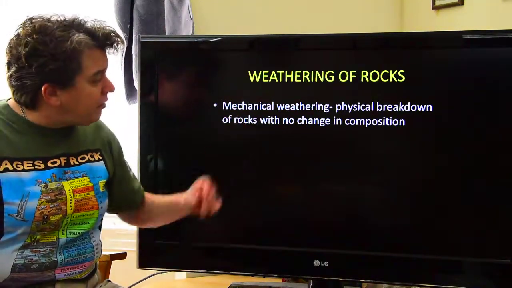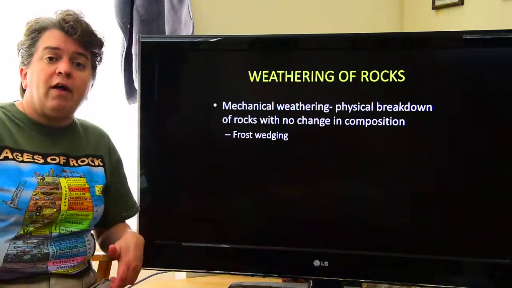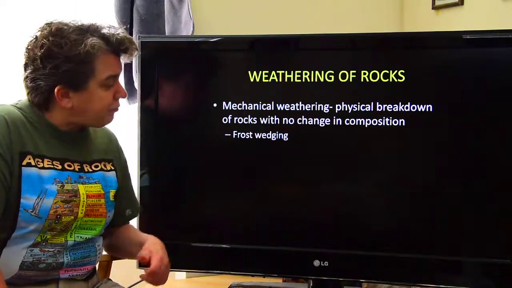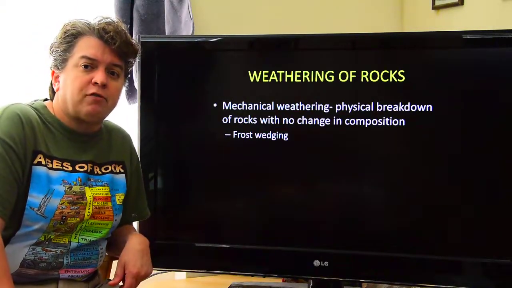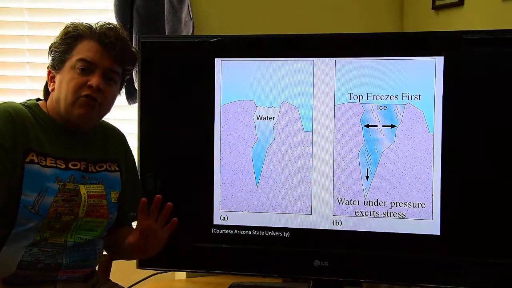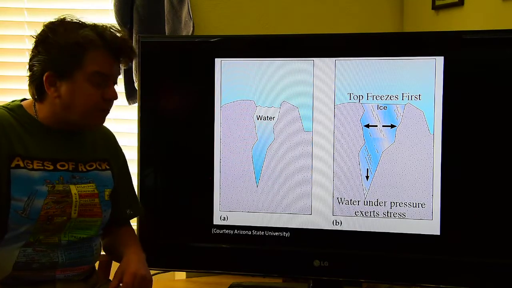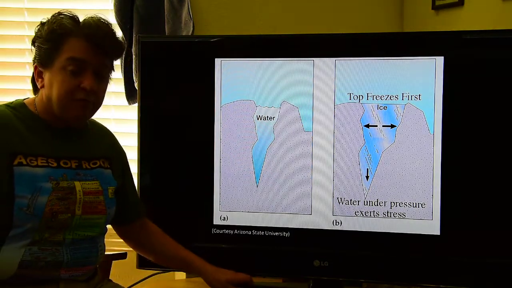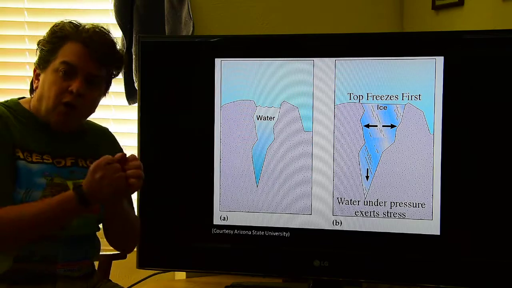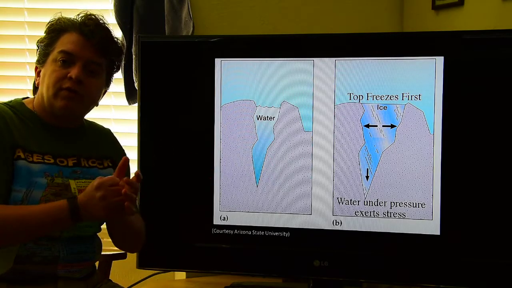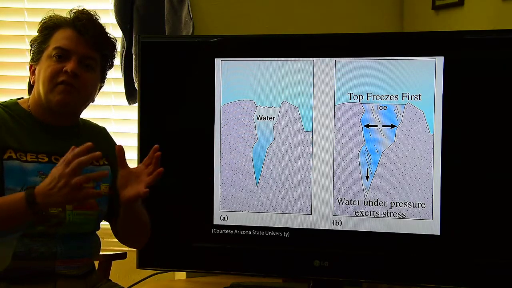But let's look at a few mechanical weathering processes. You can have something called frost wedging. Frost wedging occurs because water is a very special substance. Unlike most substances that get smaller when they go from liquid to solid, water actually expands.